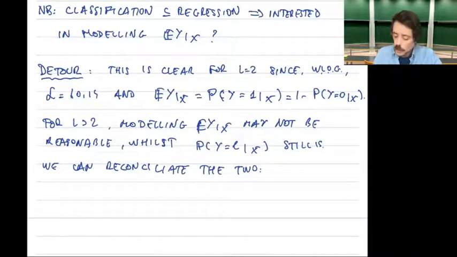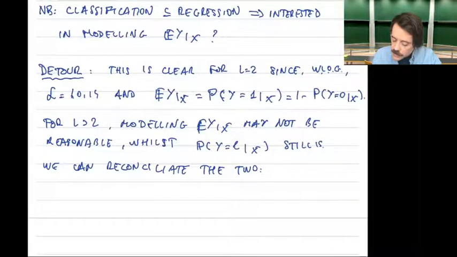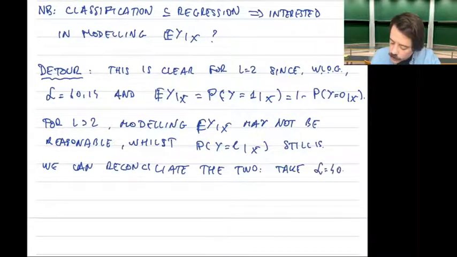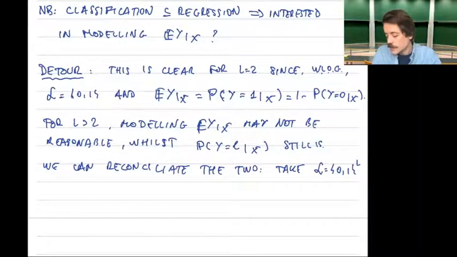So how do we do this? Well, we're going to change the way in which we view the labels. Take calligraphic L to be essentially the set of all vectors of length capital L that have as coordinates the values 0 and 1 only.